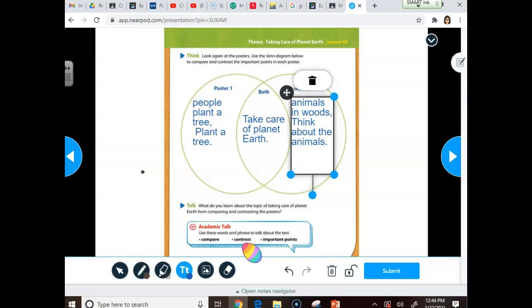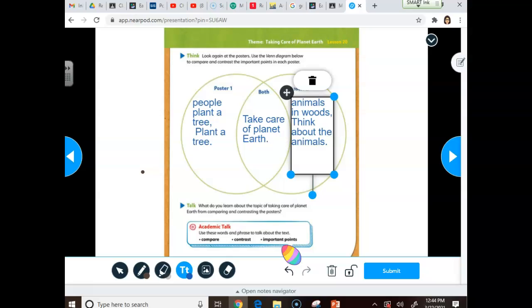And when we're looking at two texts, we need to pick out the important points. The most important things that we learn, that's what we should pick out to compare and contrast. The most important parts.